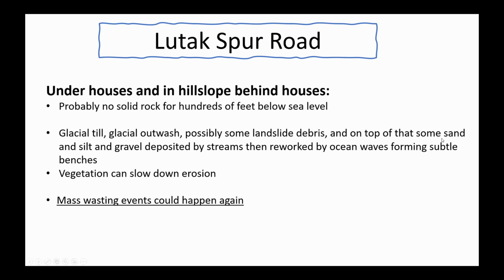And then on top of that, there's some sand and silt from streams after the glacier was moving back. And then it was reworked by ocean waves and formed these subtle benches, leaving layers of just pure sand and other things.